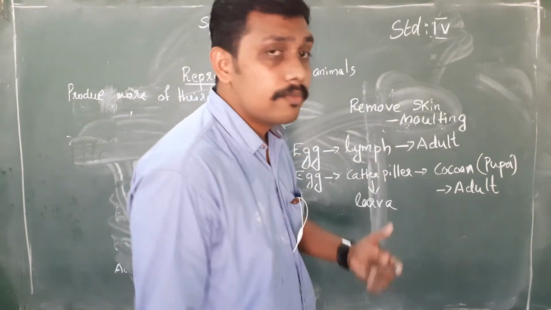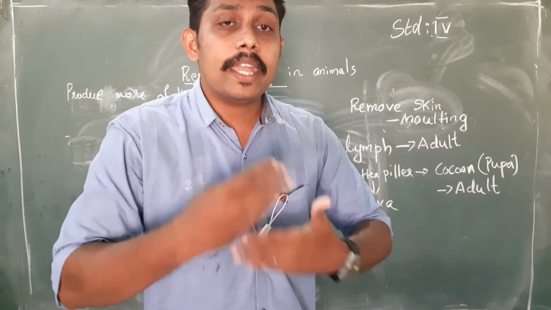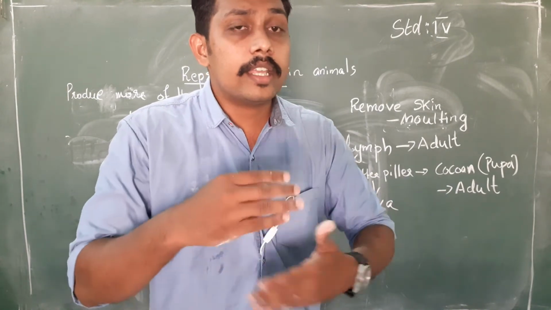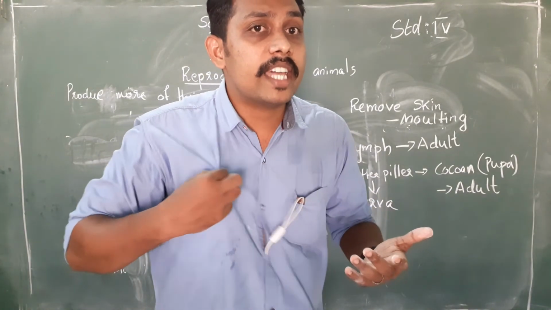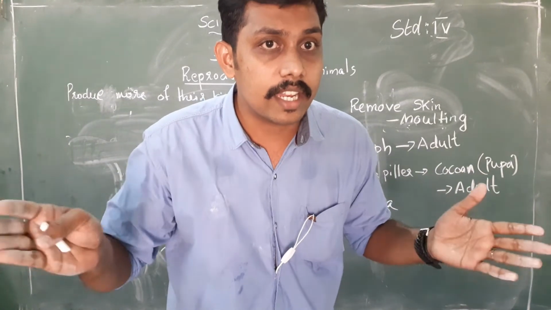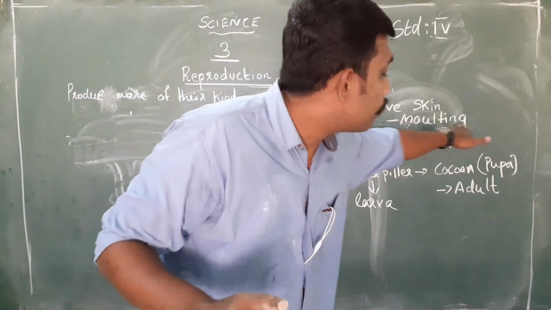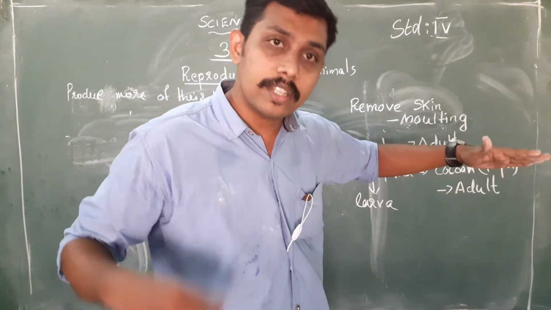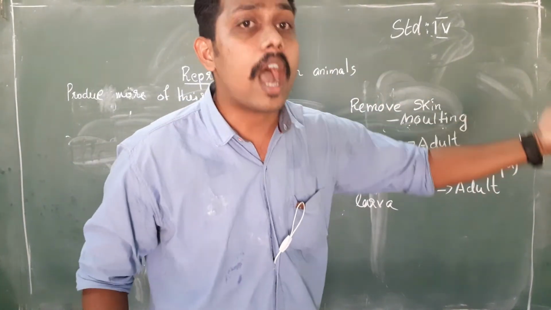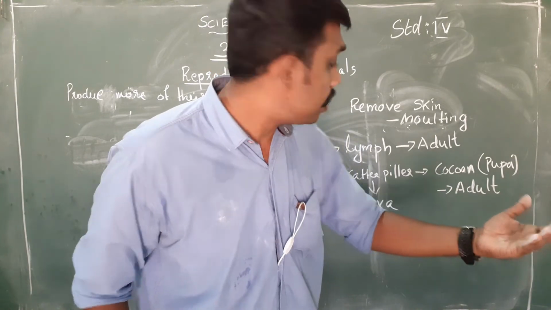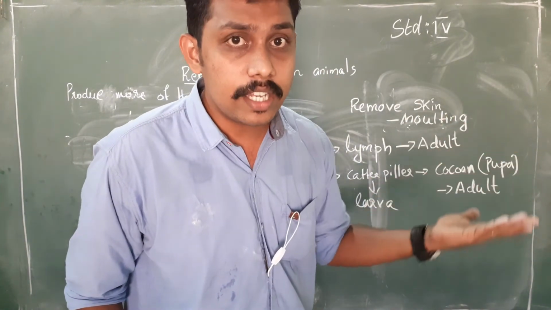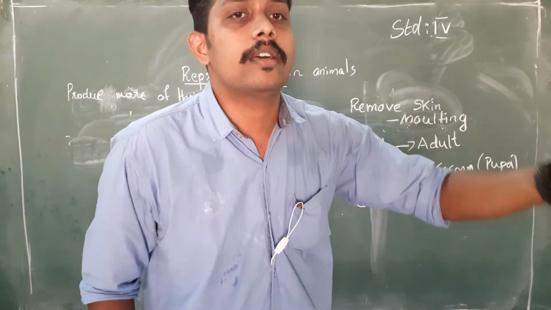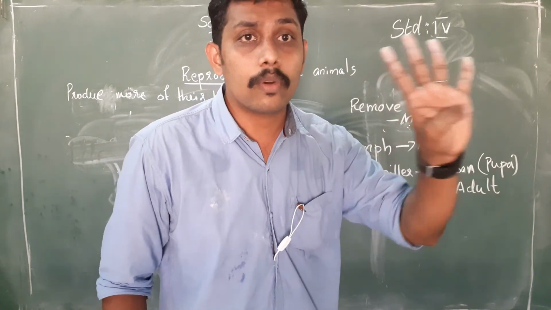Then this nymph goes through many developmental stages. In many developmental stages, it sheds its skin. That process is called what? Molting. After several moltings, it becomes the adult cockroach.